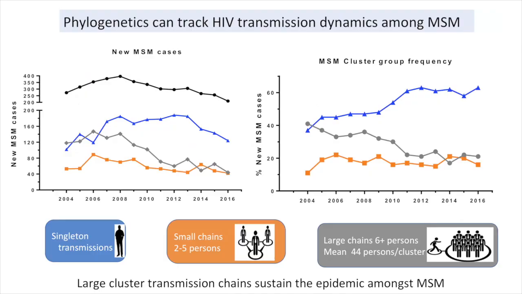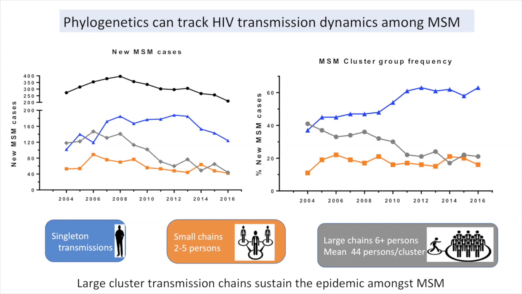If we examine new MSM cases, we can see that the number of new cases belonging to large clusters has remained rather steady at approximately 150 people belonging to large cluster outbreaks, and this despite the decline in singleton and small cluster outbreaks, which was what we anticipated with the introduction of the 90-90-90 treatment as prevention paradigm.